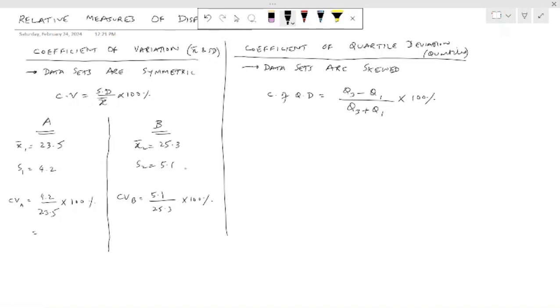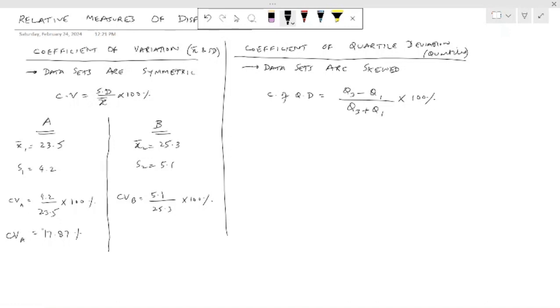Now, let's compute the coefficient of variation values for both the workers one by one. So 4.2 divided by 23.5 gives us 17.87% as the coefficient of variation value for worker A.